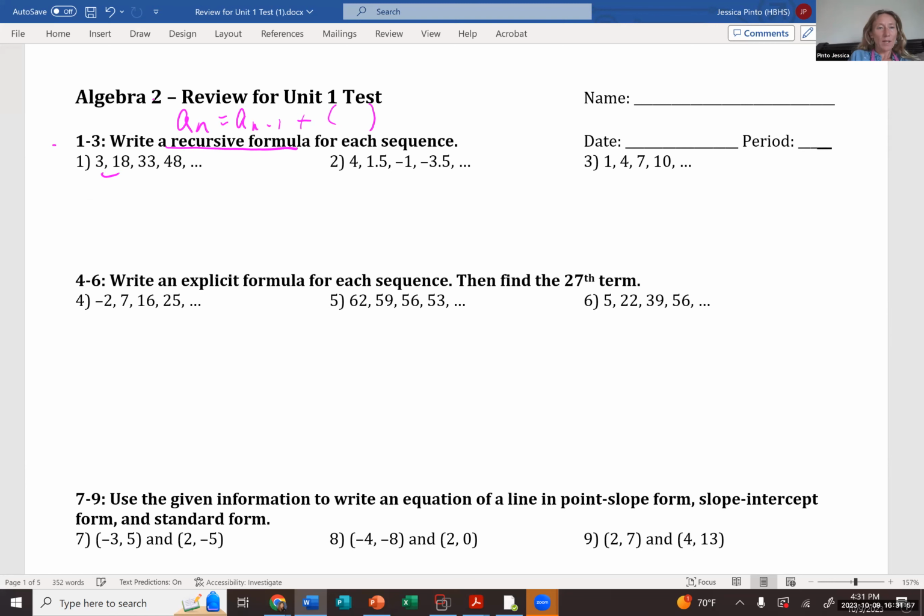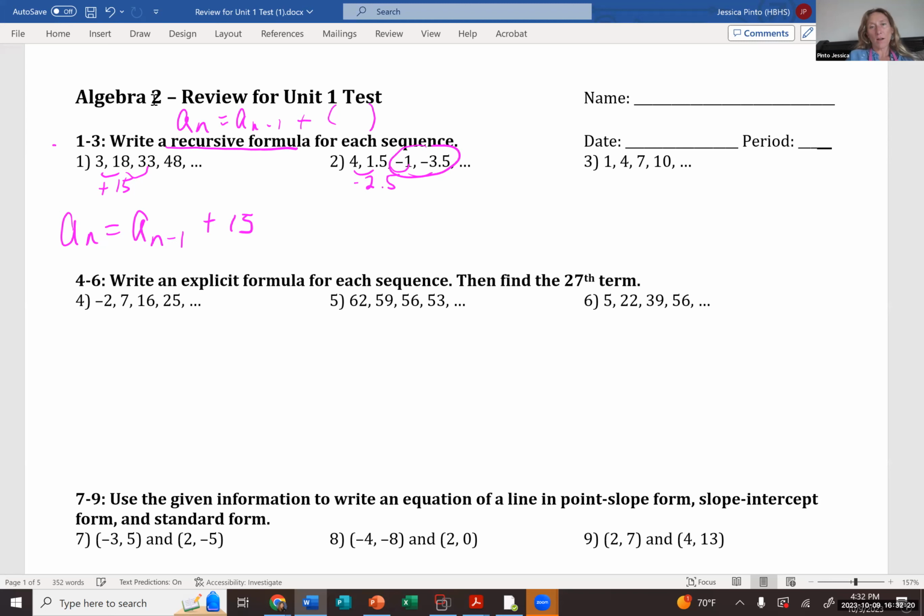So when I'm looking here, looks like we're adding 15. So that's going to be a_n is equal to a_(n-1) plus 15. Done. For number 2, we're decreasing, and it looks like we're decreasing by 2.5.